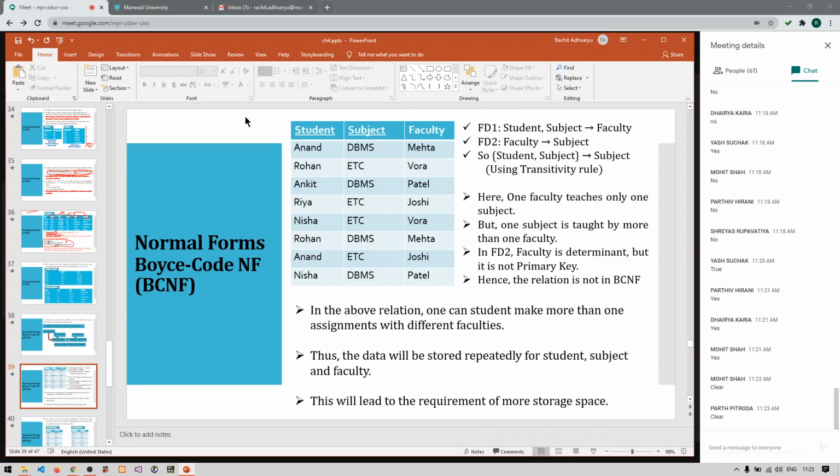This is the last part of this lecture, the BCNF. How can you divide this particular table into two or more tables such that you don't have any transitive functional dependency as well as all the determinants are your primary key? Any solutions? Anyone?